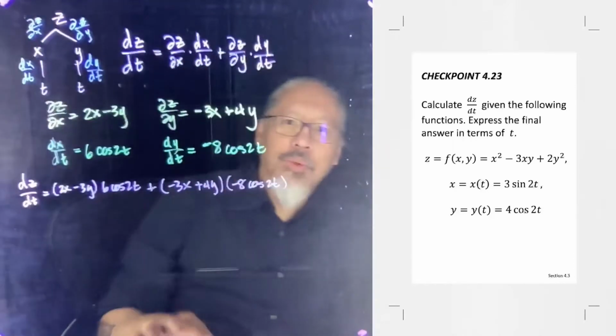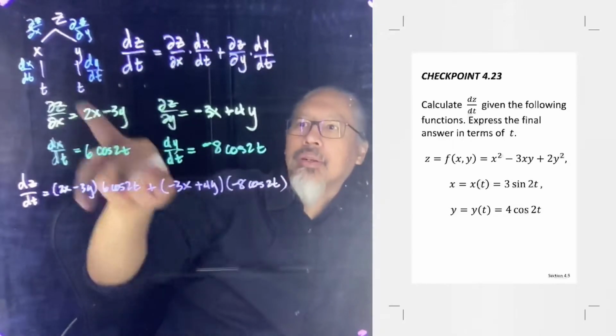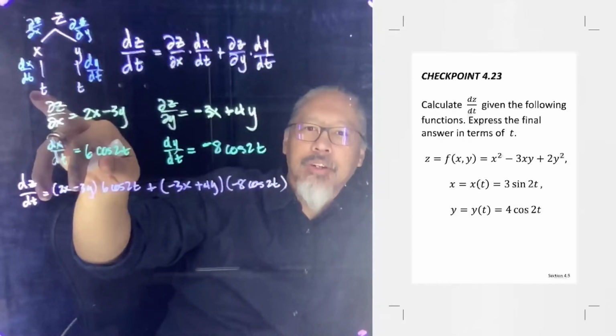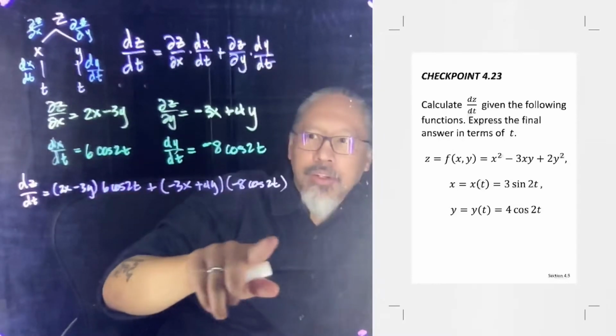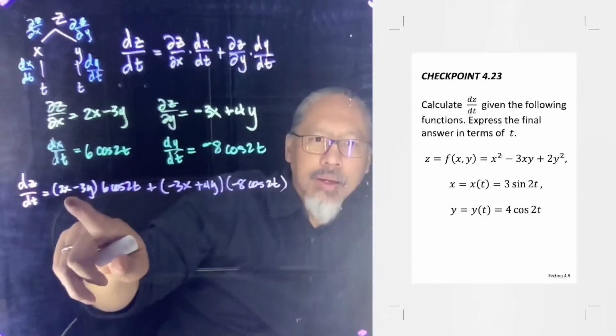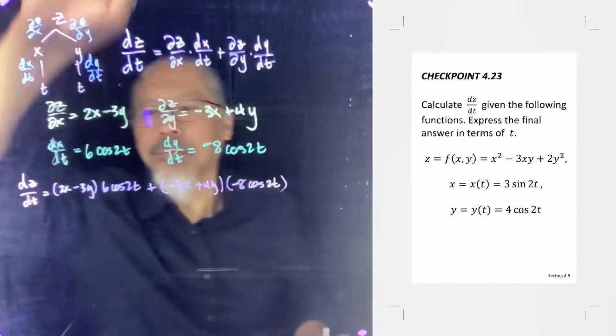And usually we want to have it eventually in the independent variable at the end, so we would plug in the original functions, which is 3 sine 2t for x and 4 cosine 2t for y.